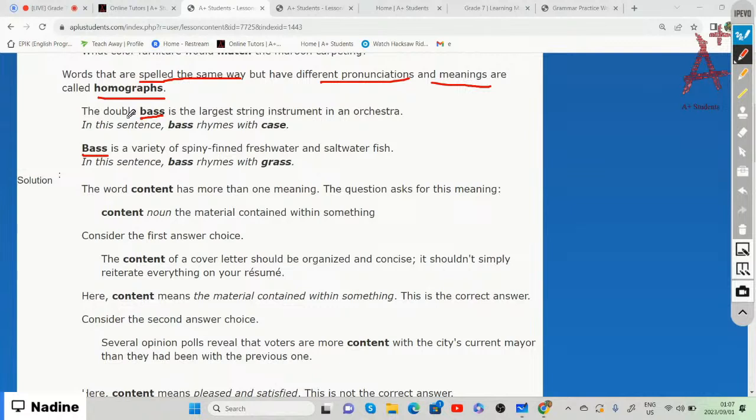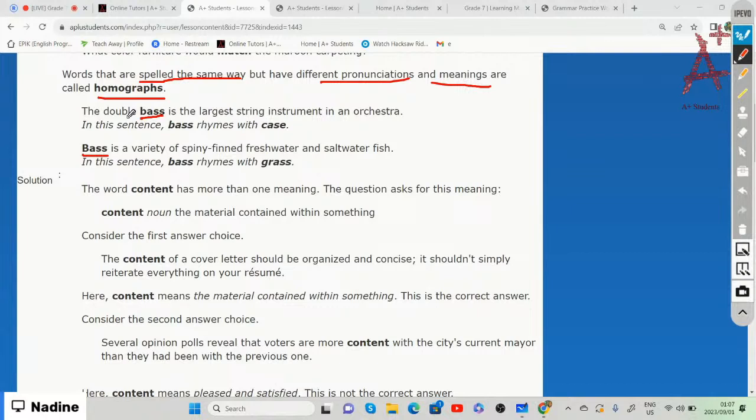And then they say you need to consider the first answer choice because now it says the content of a cover letter should be organized and concise. It shouldn't simply reiterate everything on your resume. Here, if we talk about content, still within this sentence, then it means the material contained within something.